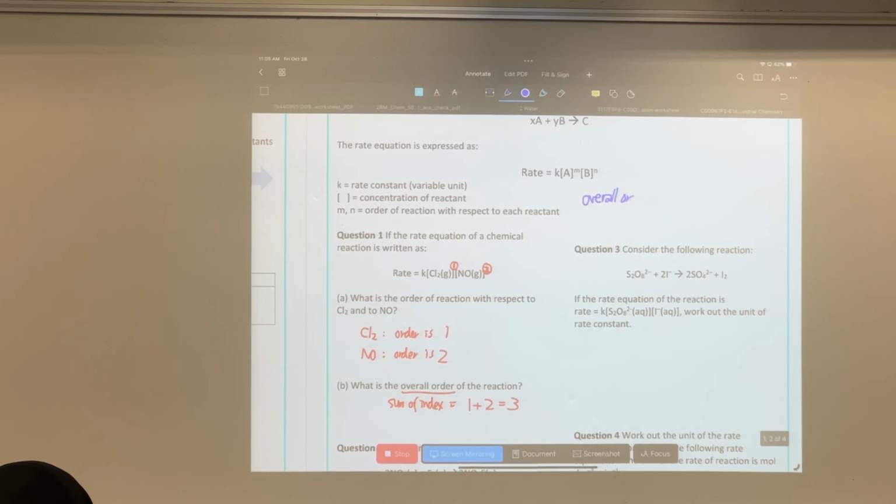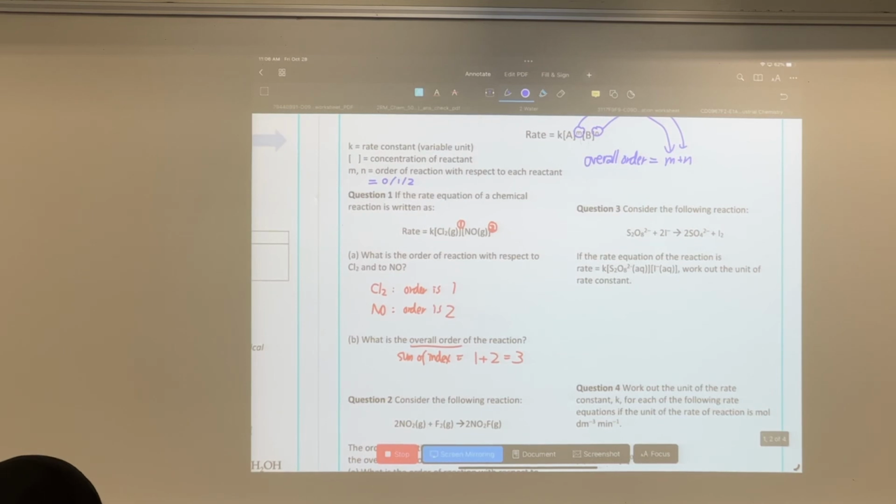Overall order is the sum of the powers combined. Of course, if you have more reactants, it will be a bigger number. So overall order is sometimes larger than 2, but the individual order can only be 0 or 1 or 2. So you can write that m or n is usually 0 or 1 or 2.